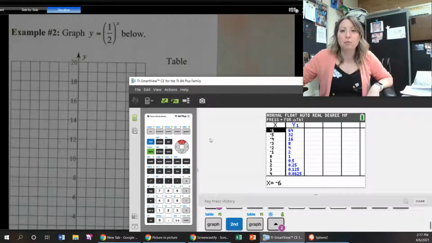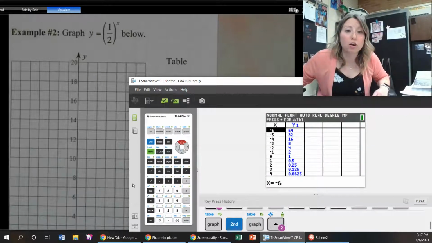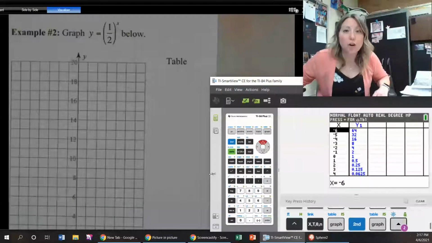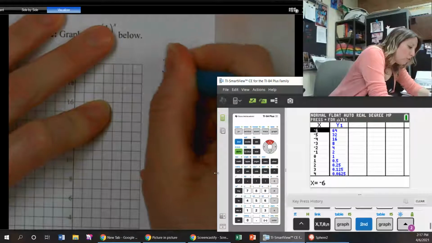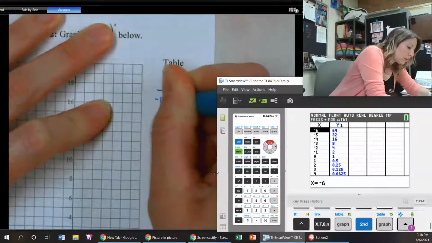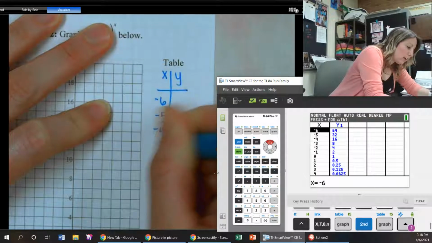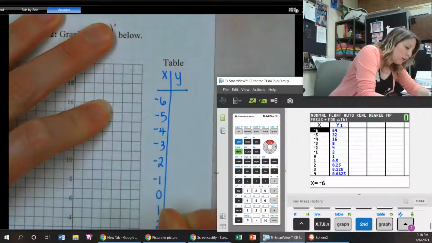So what I'm going to do this time is I'm actually going to start at -6 so you can see where I'm starting from as far as similar to the last one and go to +4 here. So -6, -5, -4, -3, -2, -1, 0, 1, 2, 3, and 4.